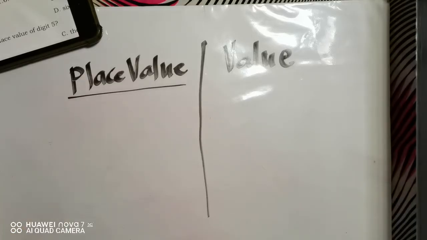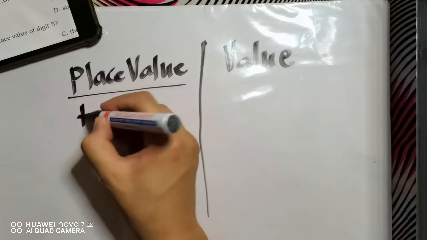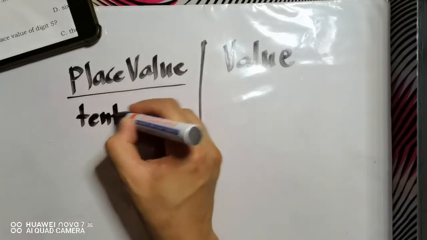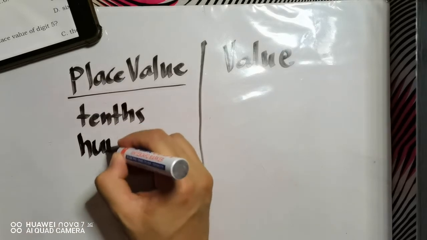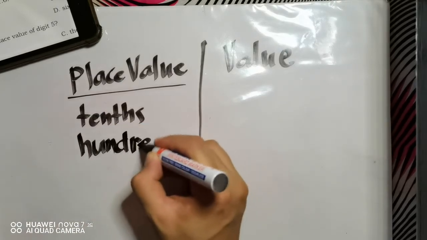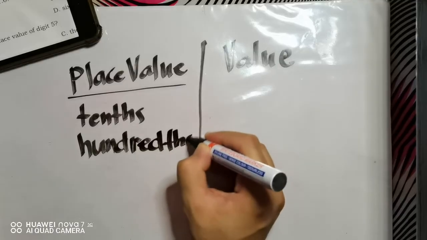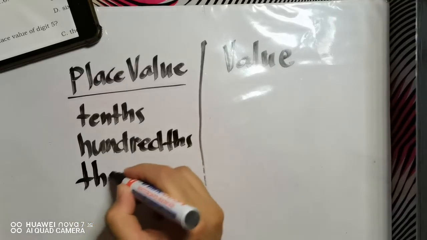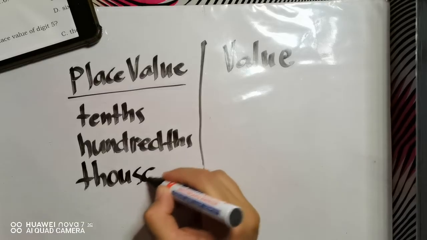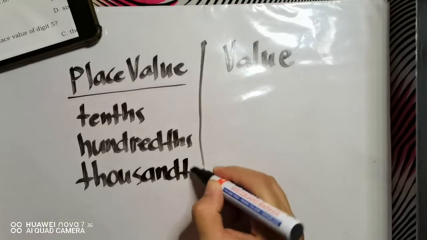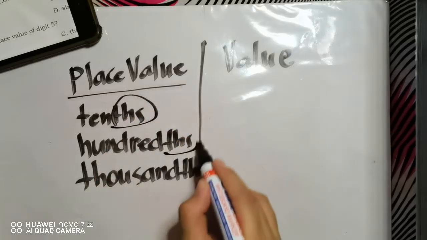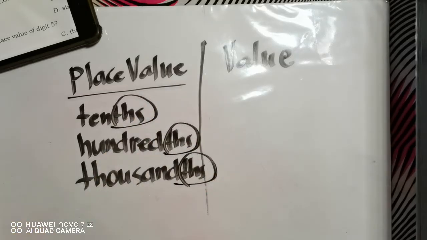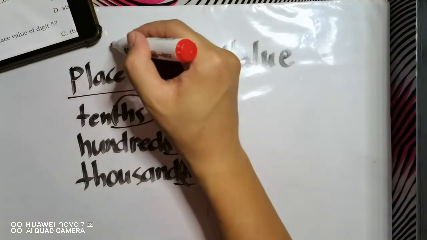So, ano bang place value? It can be tenths, it can be hundredths, and also it can be thousandths. Yung place value, siya yung merong THS.